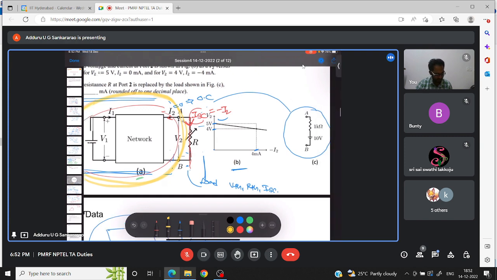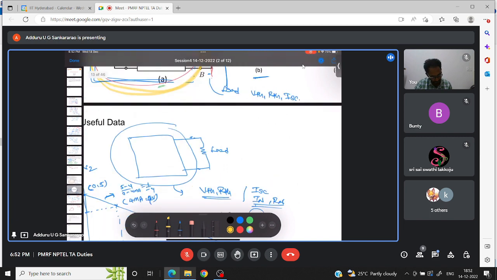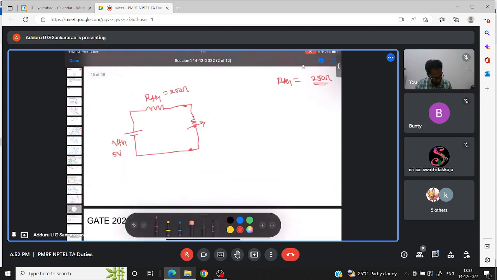Now what they are asking: at port 2, if instead of that you replace with this 1 kilo ohm and 10 volts, then what will be I2, they are asking, right? So in this, instead of the load, this resistance, I replace it with whatever they have given in the problem.